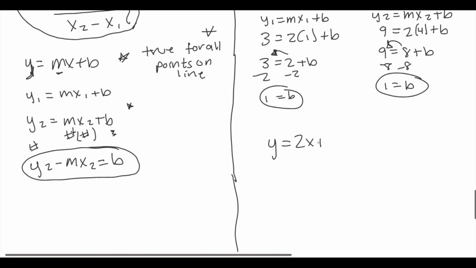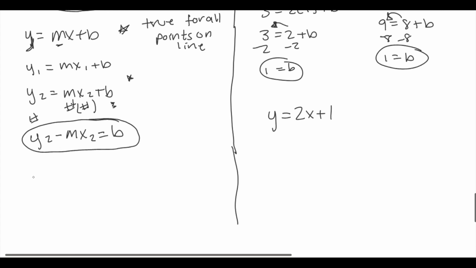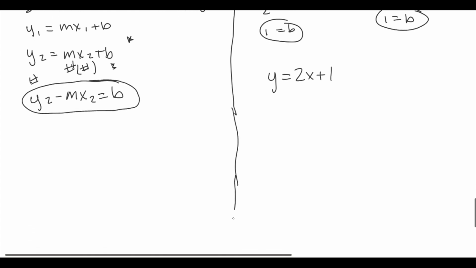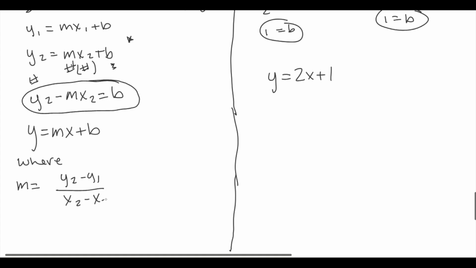I would write the most simple form where m is equal to y2 minus y1 over x2 minus x1, and then b is equal to y2 minus mx2.